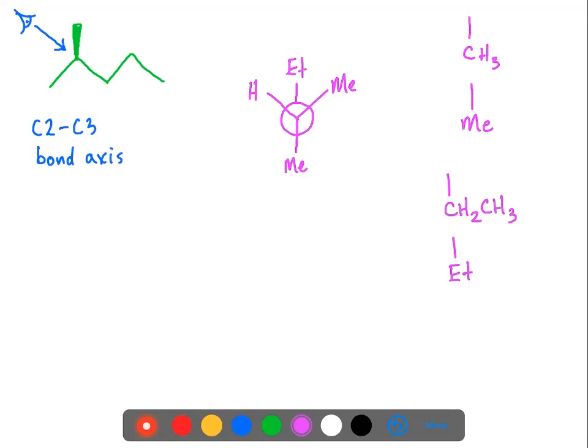So an ethyl group is placed 180 degrees away from the original methyl group, or the methyl group on the first carbon. What's remaining are 2 hydrogens. And so this completes the Newman projection for this particular conformation of 2-methylpentane.